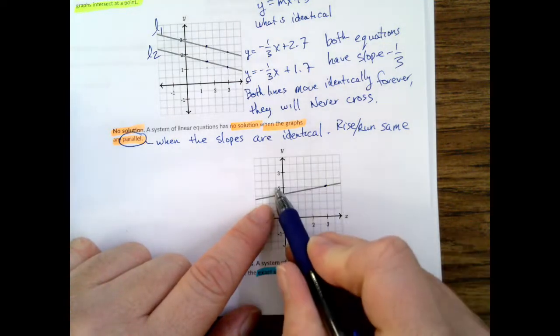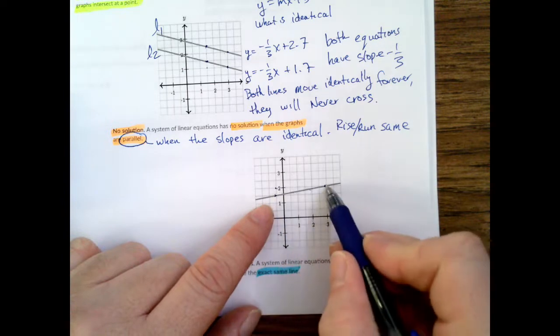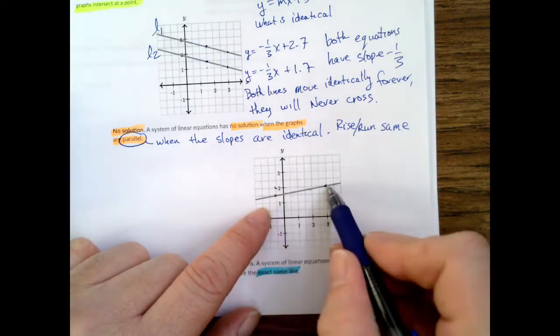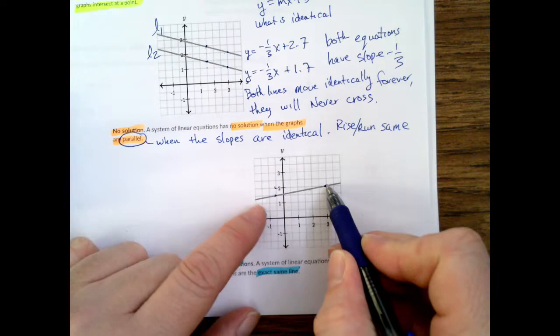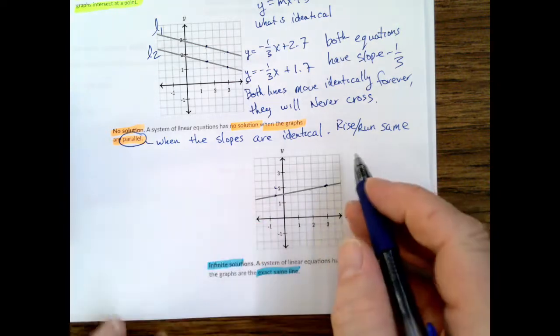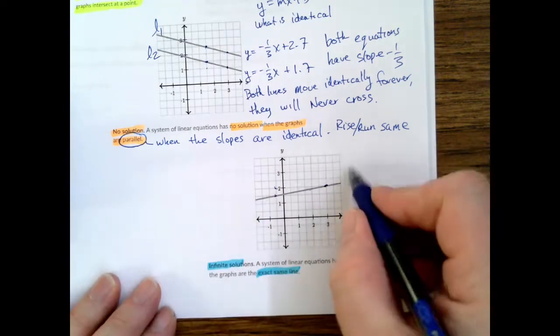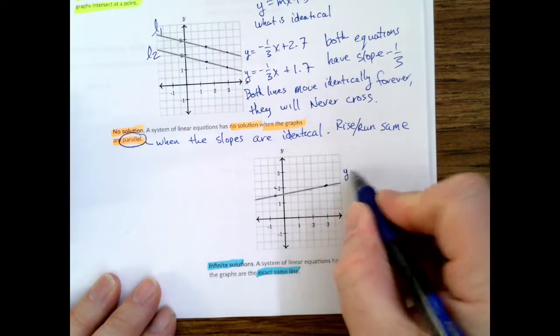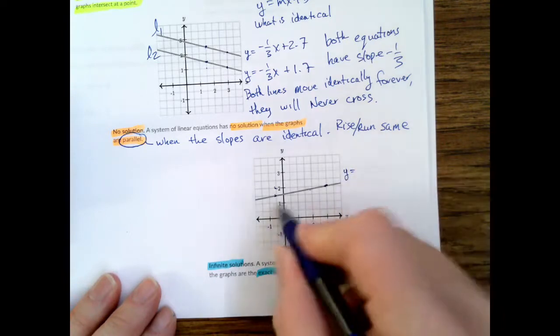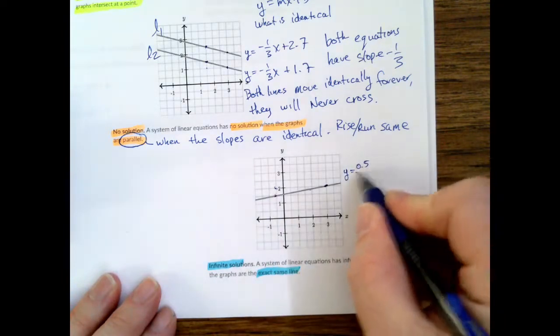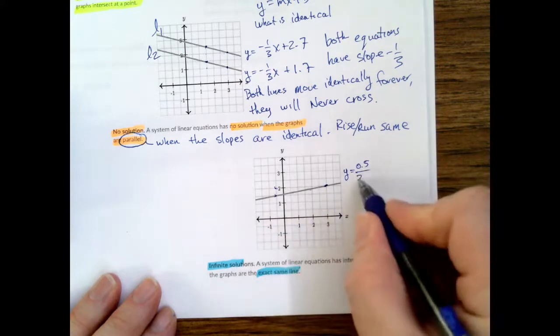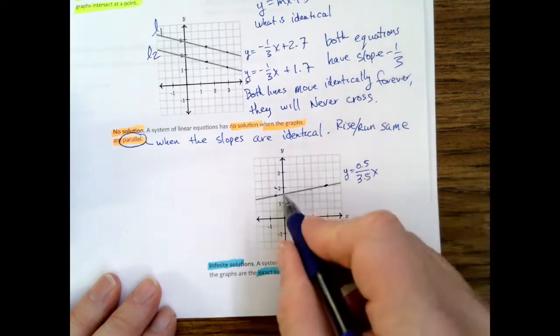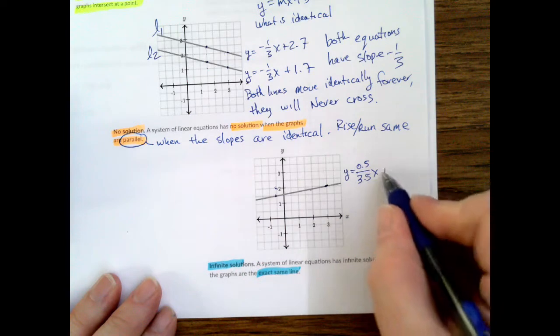So it rises 1/2 and runs 3.5. That's a tough one to do. So this is y equals, rises 1/2, 0.5, and it runs 3.5 x, we'll say it's about 1.6 plus 1.6.